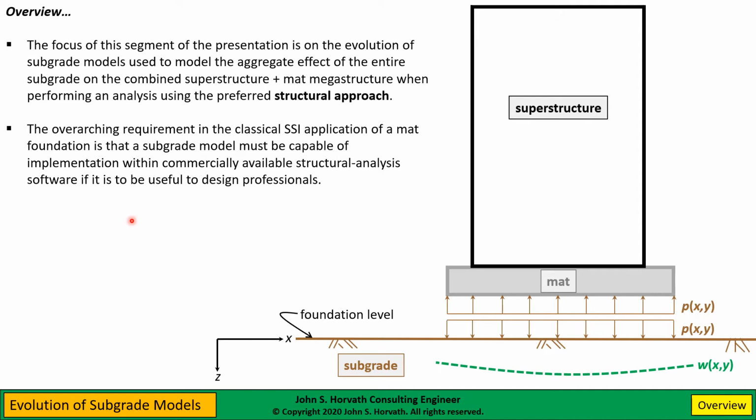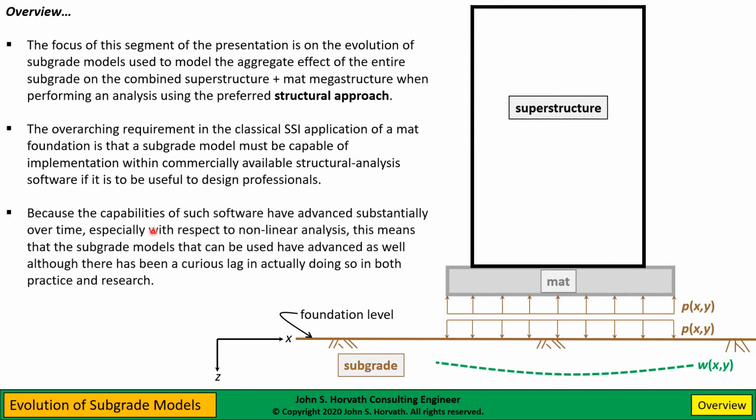The subgrade model has to be doable within the confines or the limitations of the structural engineering software. And we need to take into account that the capabilities of the structural software have improved with time. So the models that we can use have advanced as well, although there seems to be a curious lag in doing so.